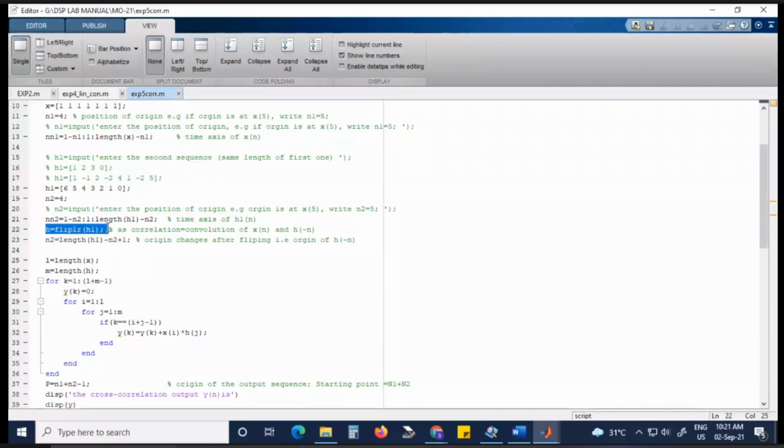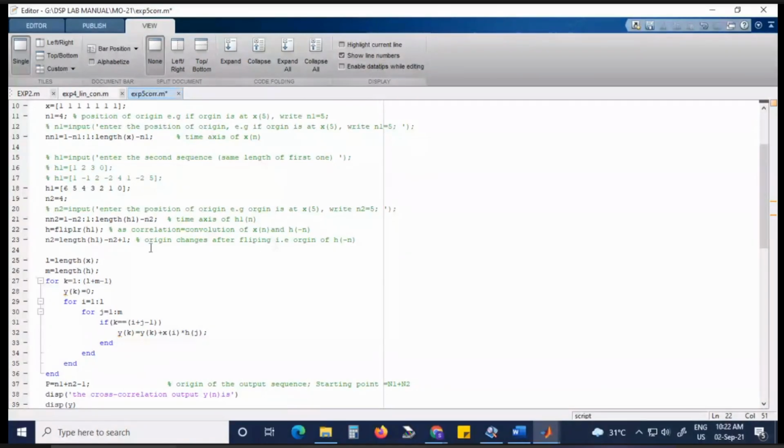Flipping is required because cross correlation is equal to convolution of x of n and h of minus n. Cross correlation is convolution, but the second sequence needs to be reversed.